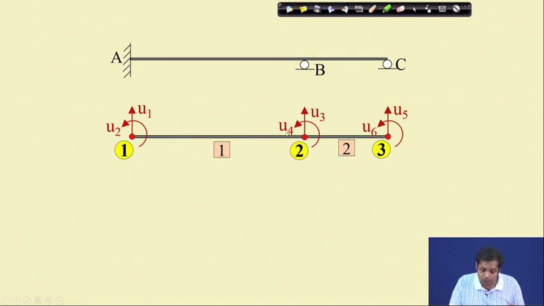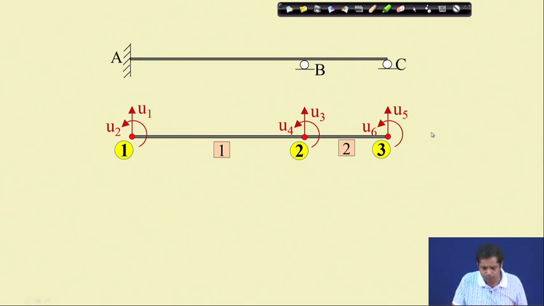You can have U1, U2 for node number 2, or say U3, U6 at node number 1, and so on. Depending on the structure and the unknown degrees of freedom, how to give this numbering we will discuss when we actually find the solution. Here our objective is not to discuss the numbering part, but to understand the various steps involved in this analysis method.